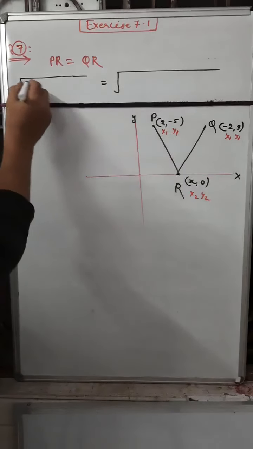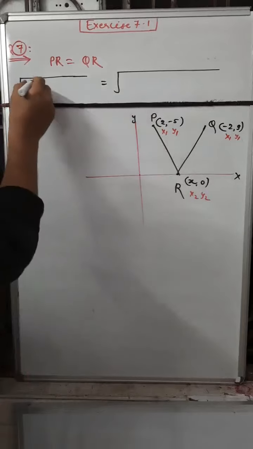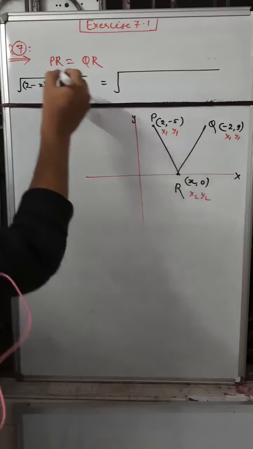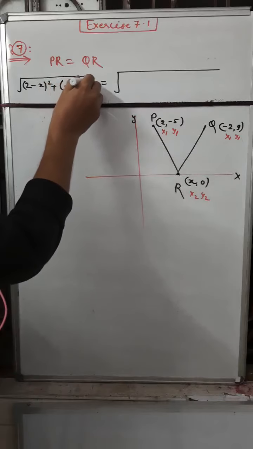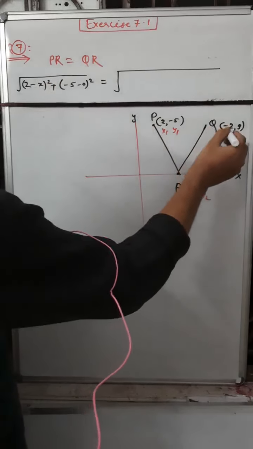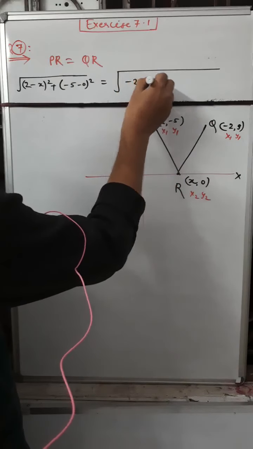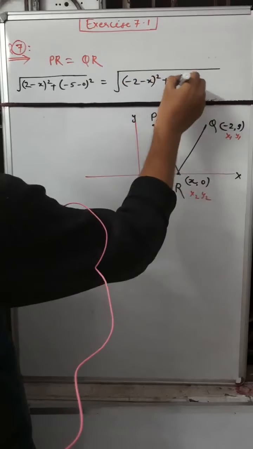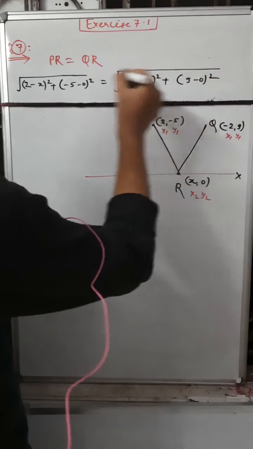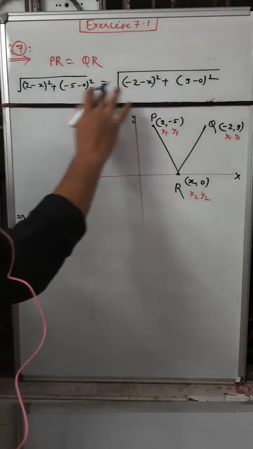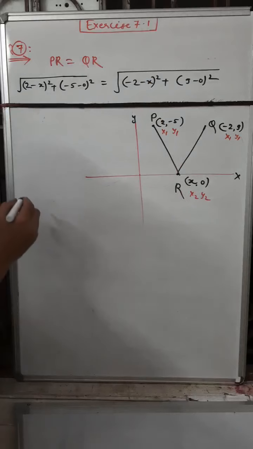So now PR is under root of 2 minus x whole square plus minus 5 minus 0 whole square. Again we can take QR, so under root of minus 2 minus x whole square plus 9 minus 0 whole square. If we want to remove the under root, we can square both sides.